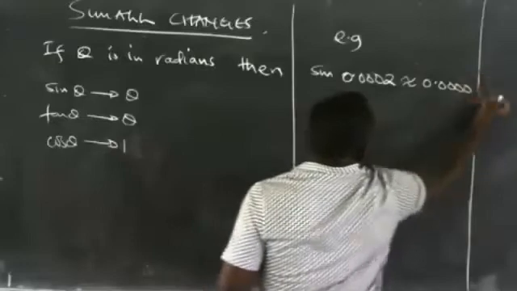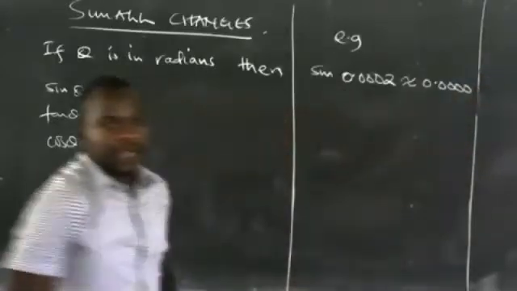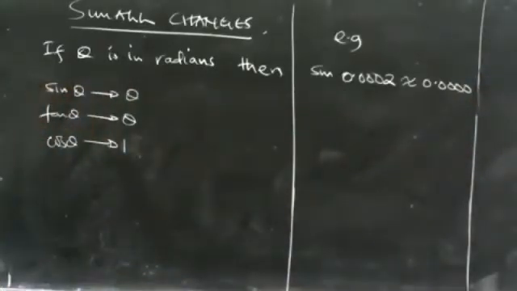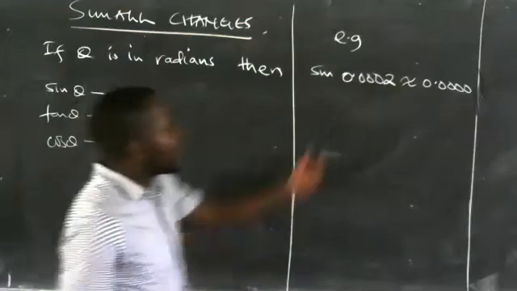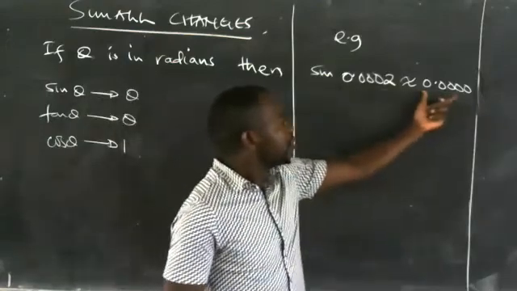We tend to 0. You put your calc in radian, try to verify this. If you have a very, very small angle, the sine of this angle will give the same angle.